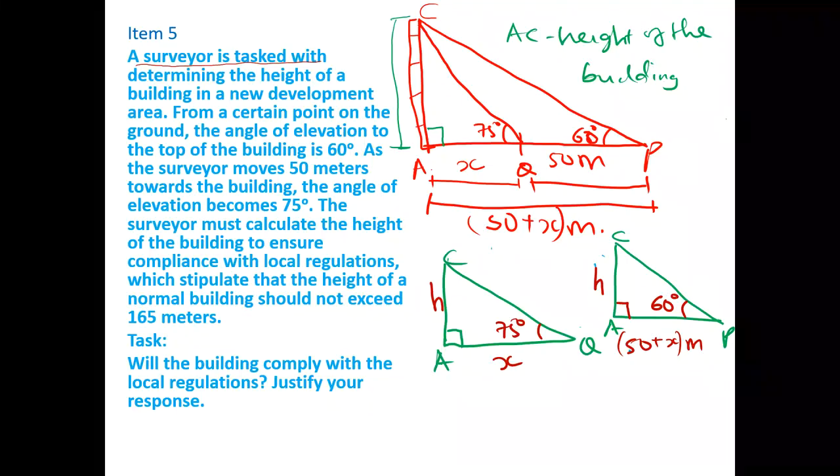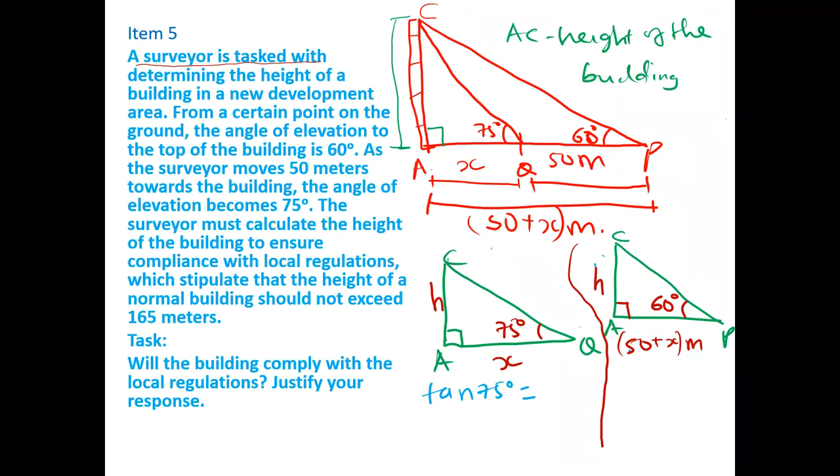From the first triangle, tan 75 degrees is equal to opposite over adjacent.